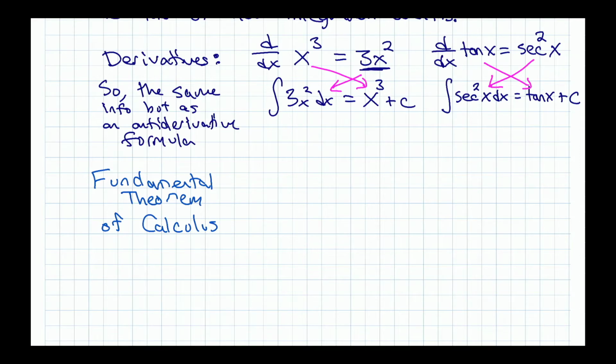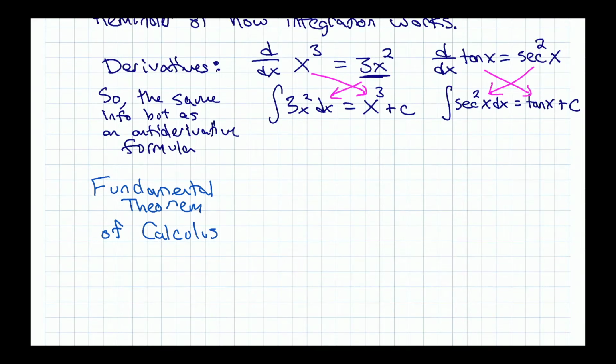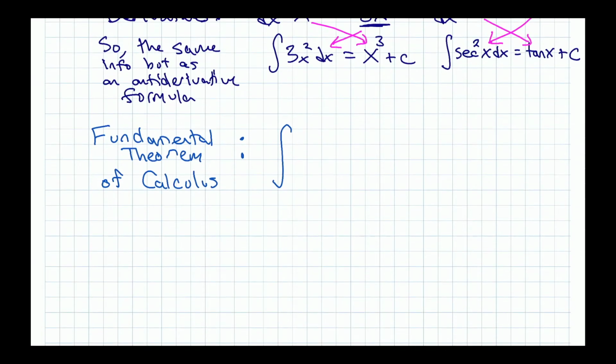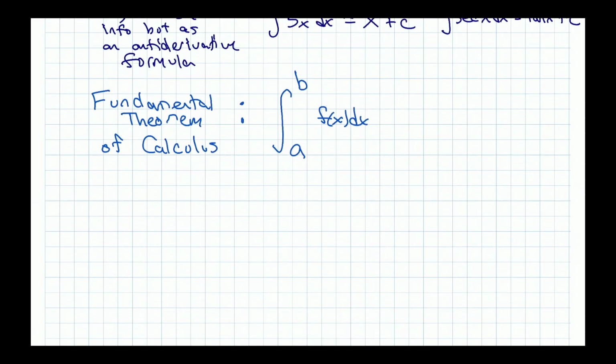All right. So what is it? So it says this. Well, there's more than one form of it, but of course there's more than one form of it. It's called the fundamental theorem of calculus, so of course there's more than one. But the fundamental theorem of calculus is basically this. If you have an integral from a to b of little f of x dx, don't ask me why the integral symbol is so huge.